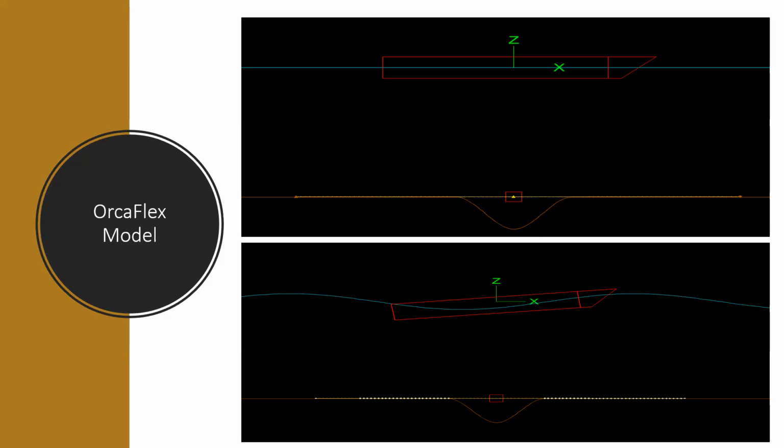We are just focusing the stress analysis on exactly these 20 meters of the pipeline. That's the reason I designed the pipeline with a 20 meter length in OrcaFlex. So we are just focusing all the stress analysis exactly on these 20 meters of the pipeline.